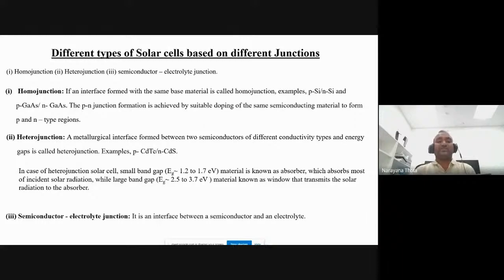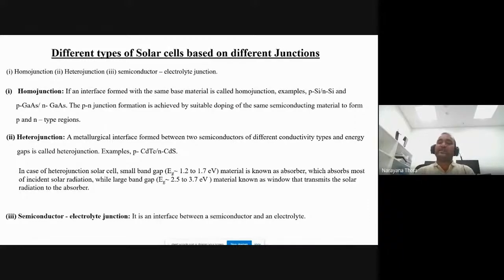If it is a homo junction, that means the same semiconductor material is doped with a different type of atoms. It is an interface formed with the same base material, called a homo junction. For example, silicon can be doped as a p-type material, and the same silicon can be doped as an n-type material.